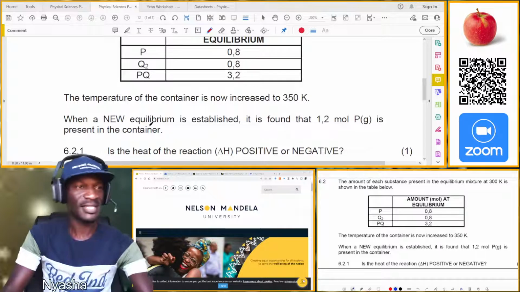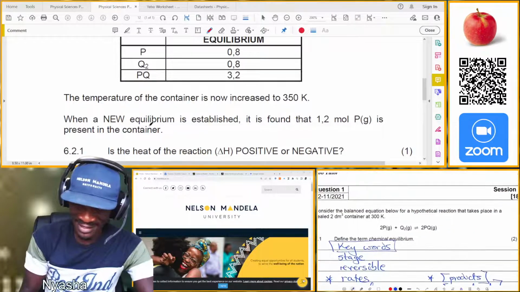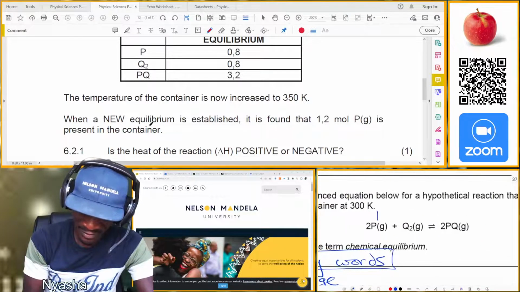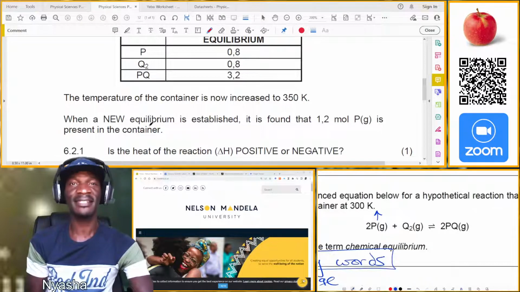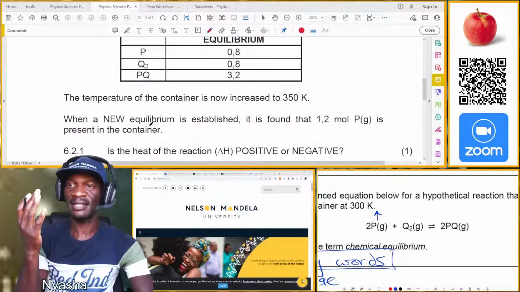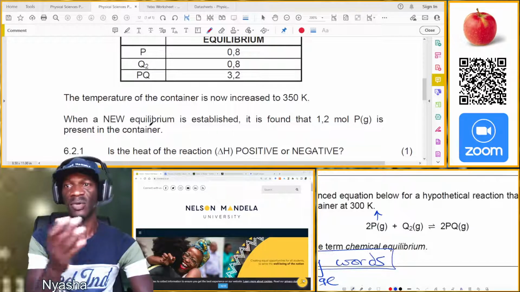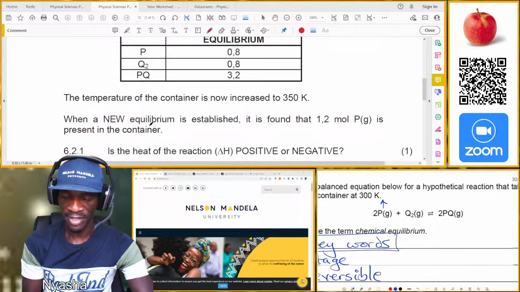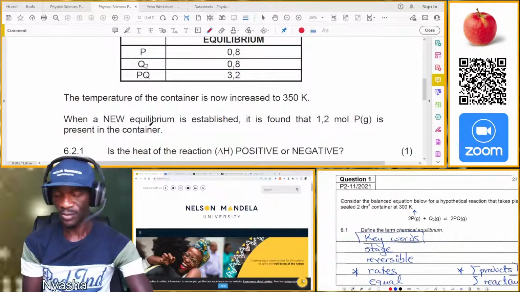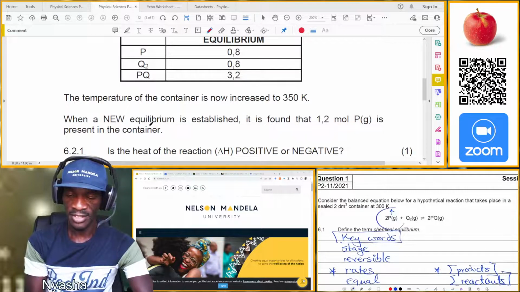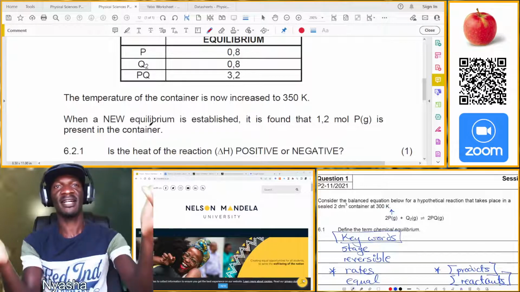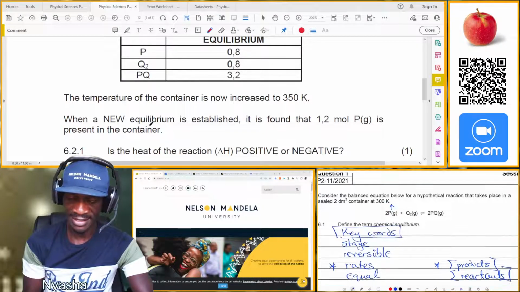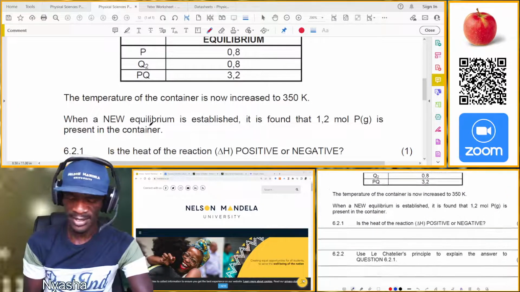So in other words, there was an increase in this substance when the reaction was at equilibrium at 350 Kelvin. So in other words, this side of the reaction is actually favored when you raise the temperature. Okay, so I understand the process.